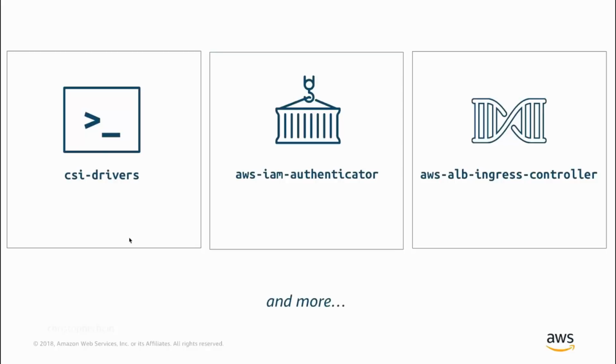These are all open source projects that the EKS team has been contributing to or building. We're going to talk about a couple CSI drivers and what CSI drivers actually are. We'll talk about the aws-iam-authenticator. We'll talk about the aws-alb-ingress-controller. And then we might talk about some other things, and we're going to deploy some containers at the end.